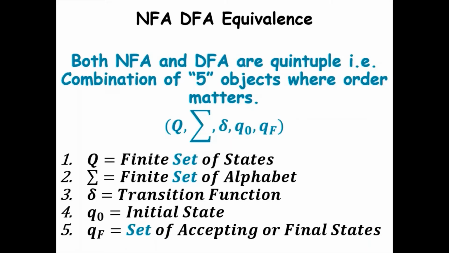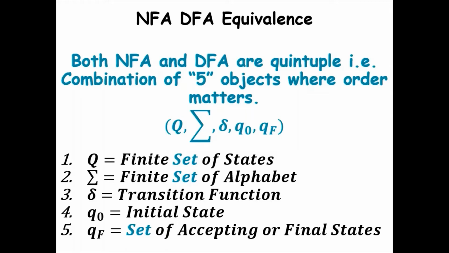First of all, we will see that both NFA and DFA are quintuples, that is a combination of 5 objects where order matters. The first element is denoted as capital Q, which is the finite set of states. The second element is denoted as sigma, which is the finite set of alphabet.